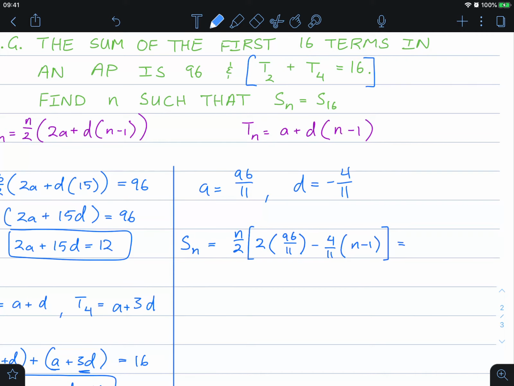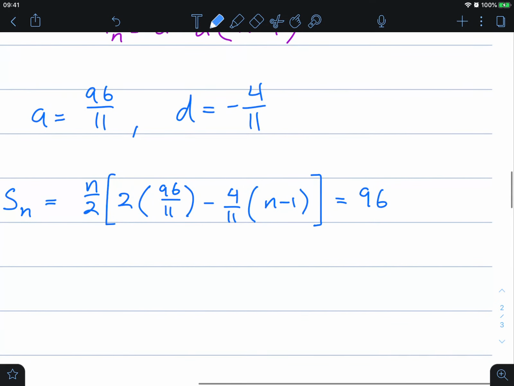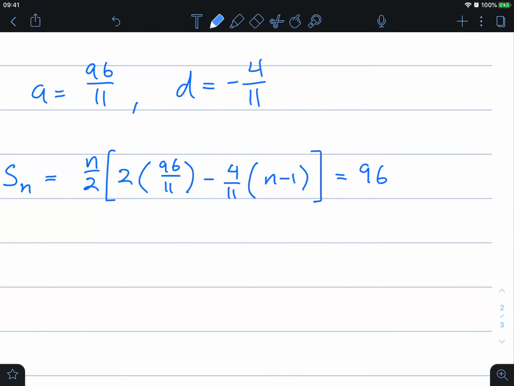All of this should be equal to 96. Okay, so multiplying both sides by 2, we get n. So I want to eliminate this guy. So n outside of, let's evaluate this.